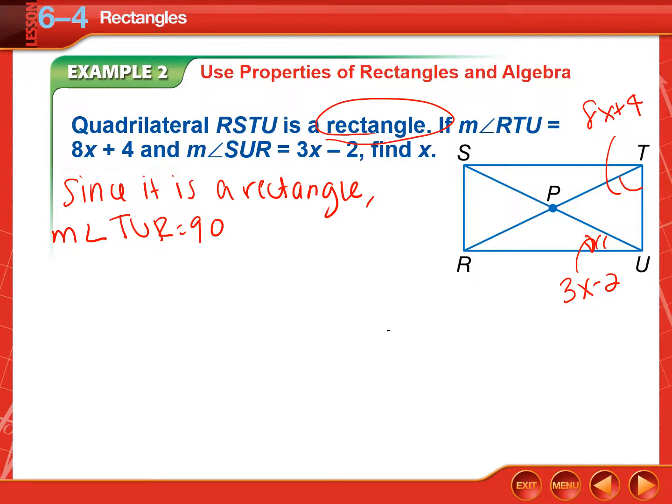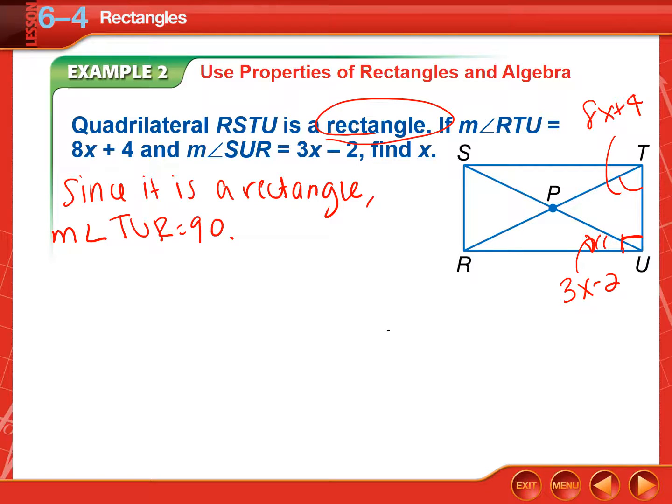They don't look like they are congruent, but notice that they kind of look like together they might equal a right angle. So we're going to try to work towards proving that they're a right angle. We can't just say, oh, they look like it. We need to actually prove it. So since it's a rectangle, the measure of angle TUR is 90 degrees. So that's this angle right here. Okay, we're going to kind of hold on to that and come back to it.